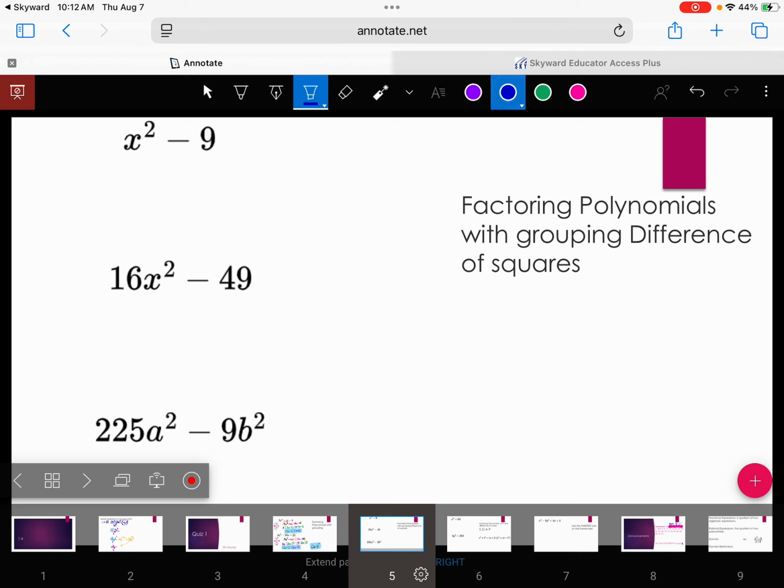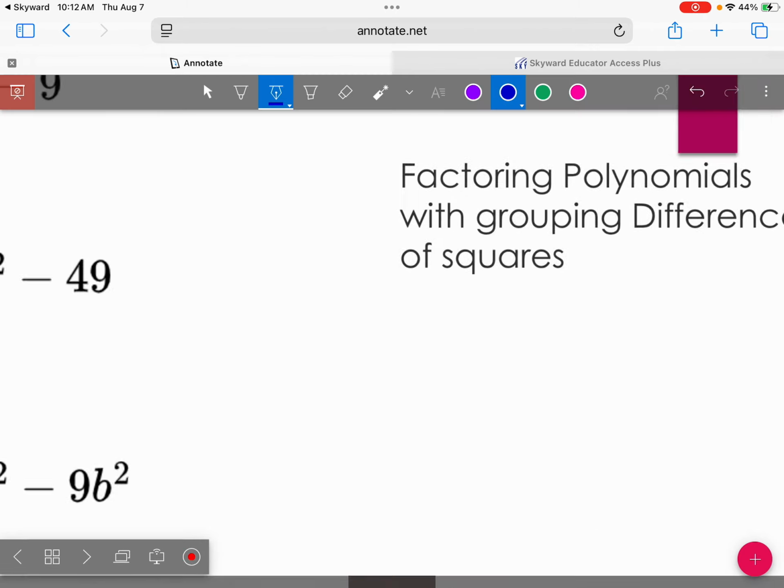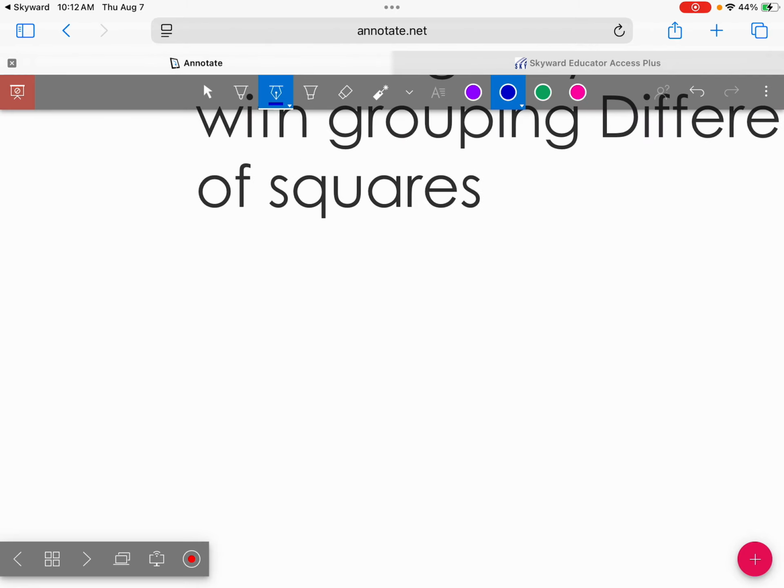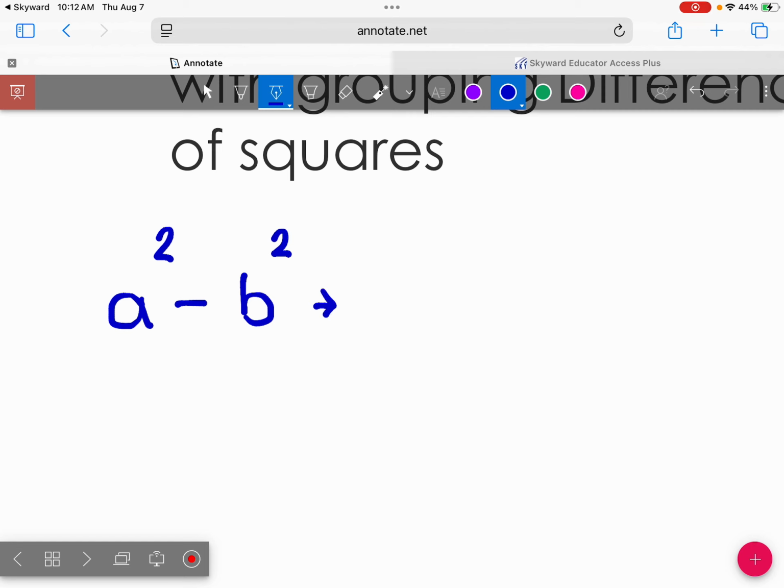So I'm going to put the formula the way we write it up here. That's when we have two things that are perfect squares. So we usually write that as a squared minus b squared, which is two different things. We can put this in factored form where it's going to make two factors.